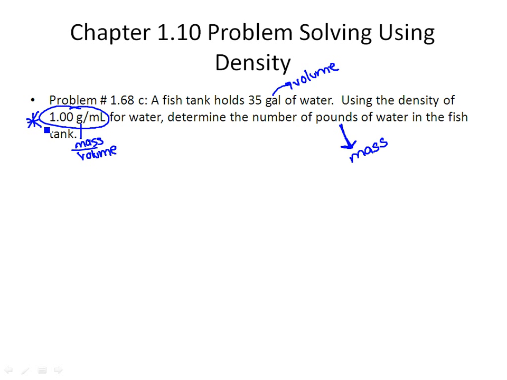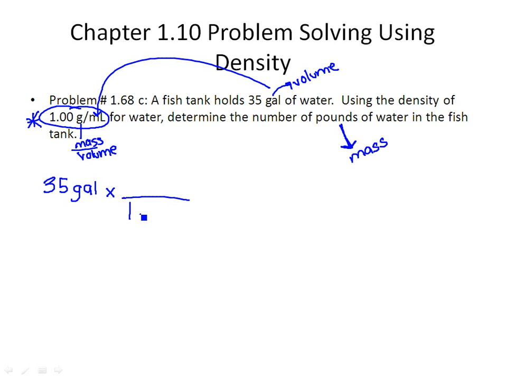So if we take what we know, 35 gallons, we want to think about what volume unit we need to get to. We need to get to milliliters, because that is what density is in. Our relationship here, we've got to get from gallons to milliliters.